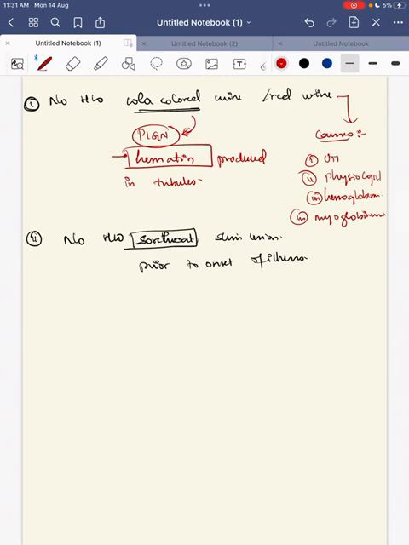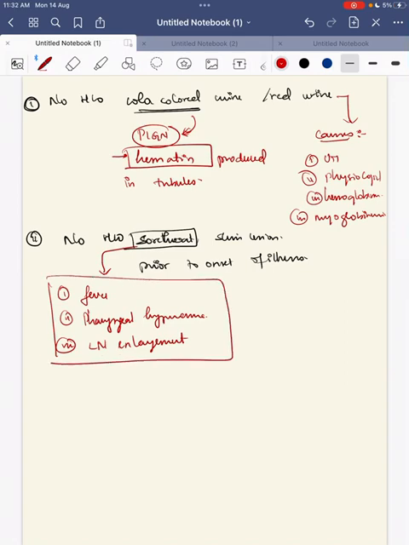This history is told to exclude post-infectious glomerulonephritis. How are we going to tell the child is having a sore throat? What histories will you put forth to the mother to elicit a sore throat? The child should have fever, pharyngeal hyperemia with lymph node enlargement. Then you call this child as having a sore throat.